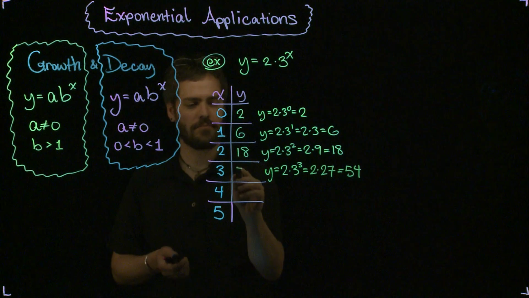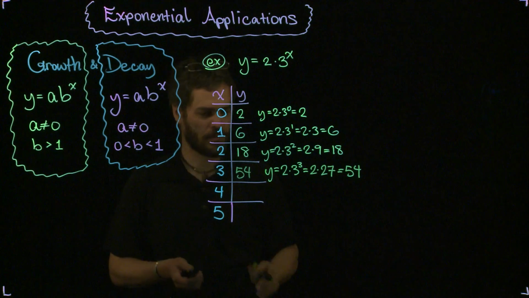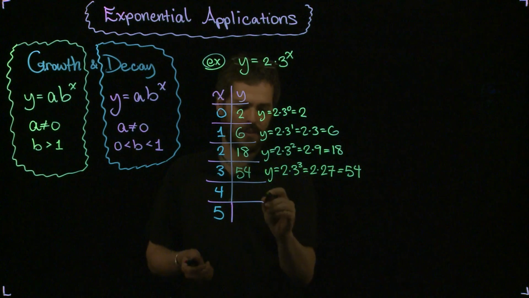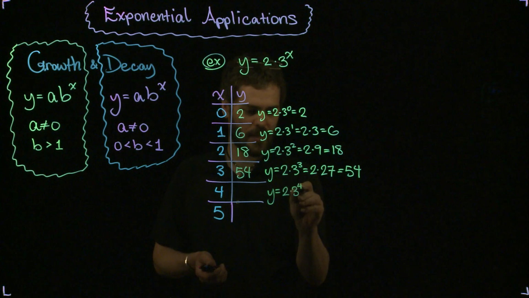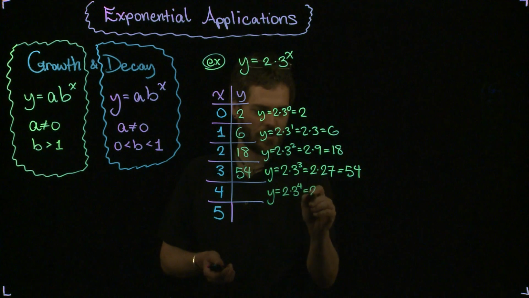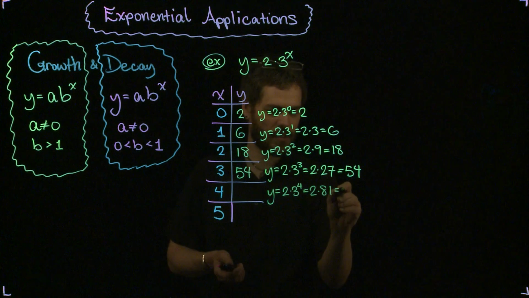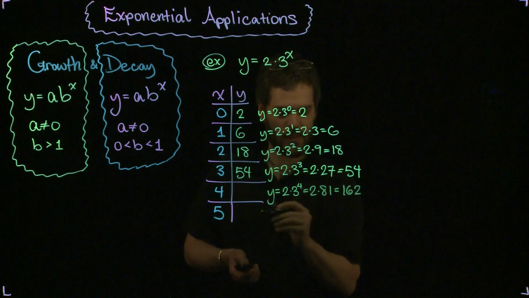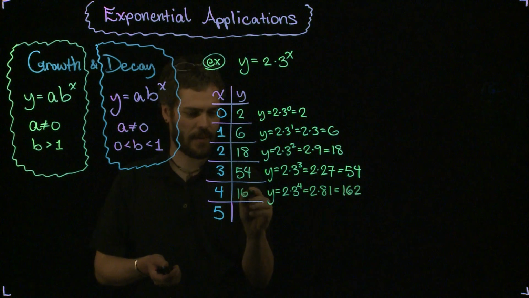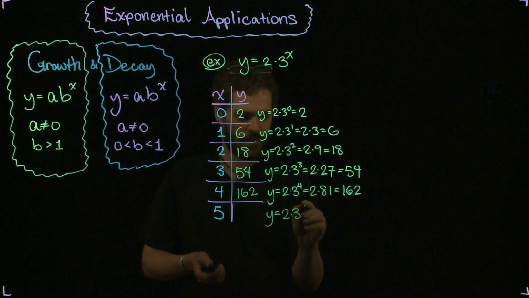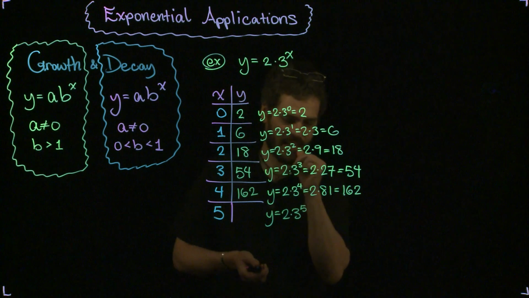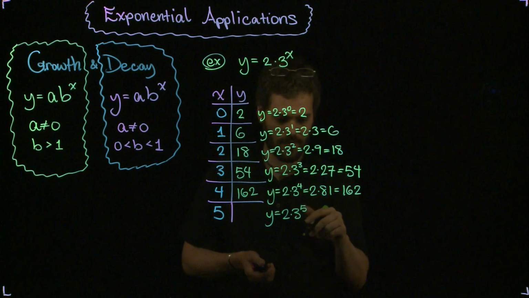Interesting. I'm going to have trouble calculating this pretty soon. Let's see, y equals 2 times 3 to the fourth power, which is 2 times 81, which is 162. Wow. Okay, y equals 2 times 3 to the fifth power. Gosh, what is 3 to the fifth power?